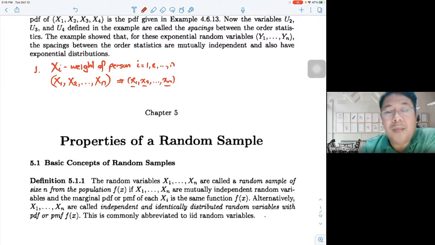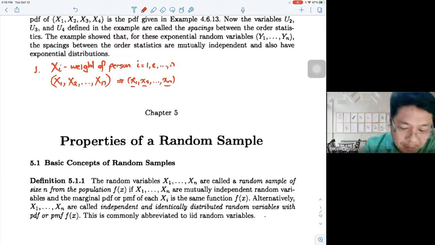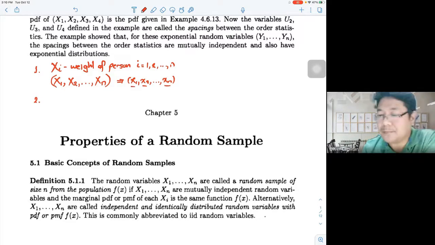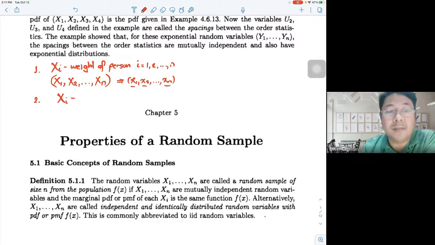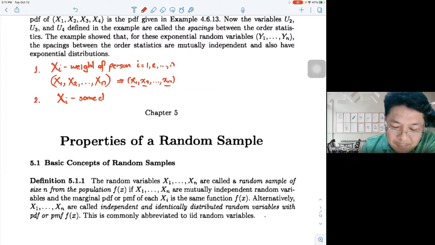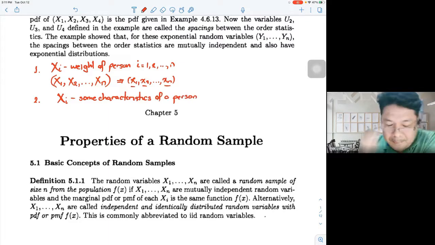Another way of obtaining multivariate data or n observations, the second one, is where the x sub i are some characteristics of a person.